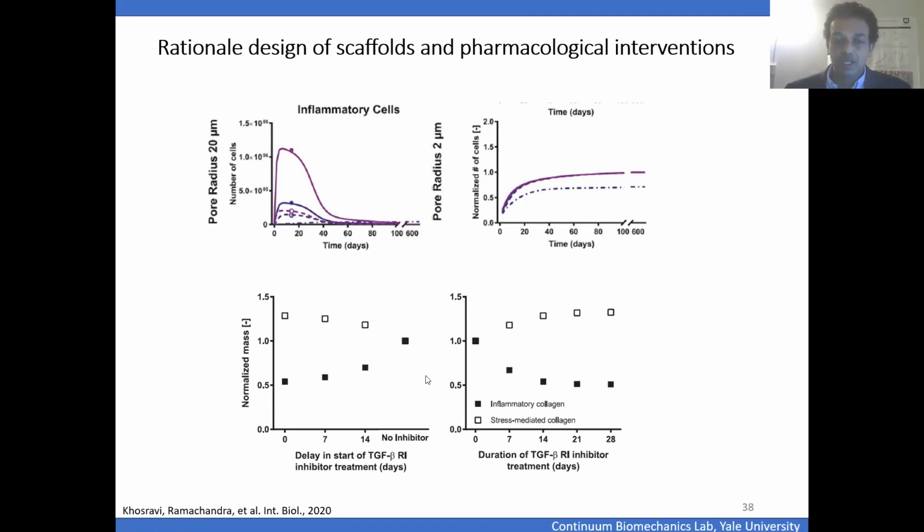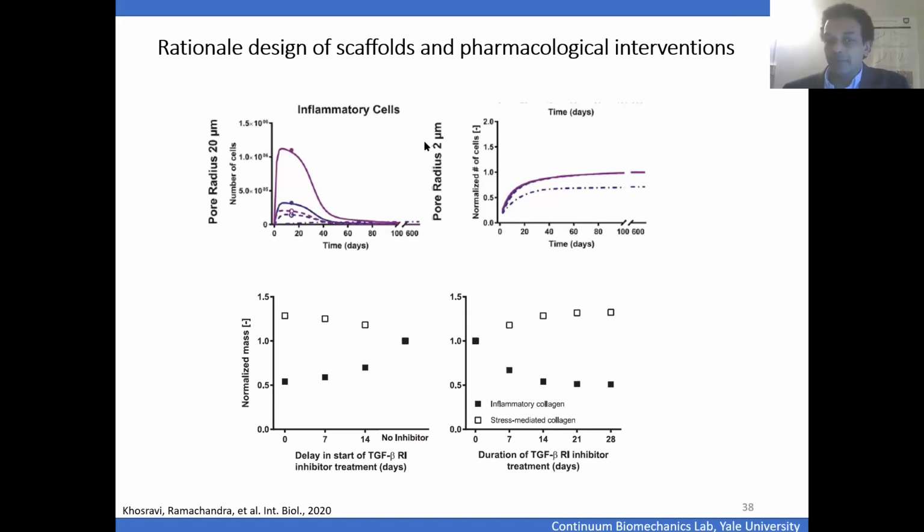Also, we can look at things like dosing as well as duration of treatment. One of the treatments we looked at was a TGF-beta R1 inhibitor. If you inhibit the TGF-beta R1 pathway, it turns out that you end up with very good outcomes in these vascular grafts.